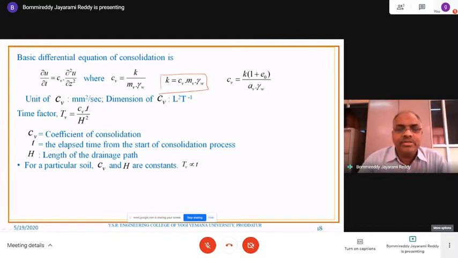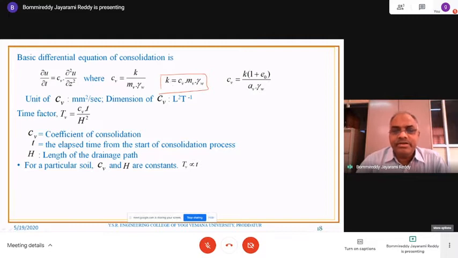Because if you remember formulas differently, for example Cv = K/(Mv γw), sometimes doubts may arise at the time of the exam, like Cv = Mv/(K γw) or γw/(K Mv). So for that purpose, always remember K = Cv Mv γw, the coefficient of permeability, without anything else. Then the confusion in understanding the formula will be less.